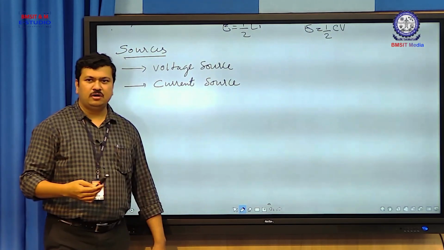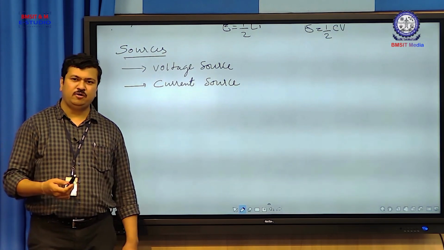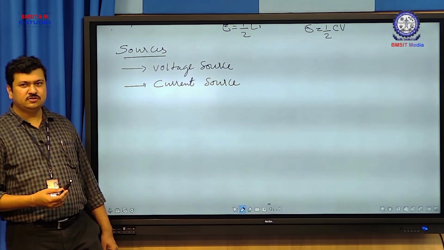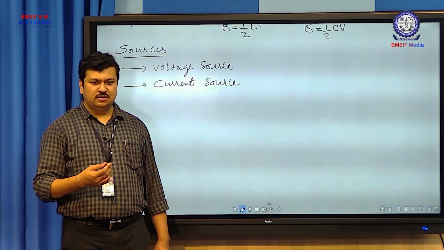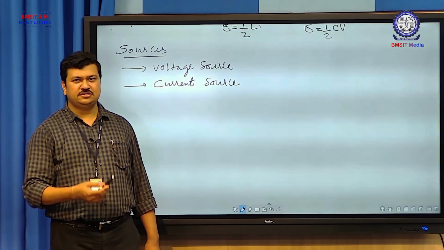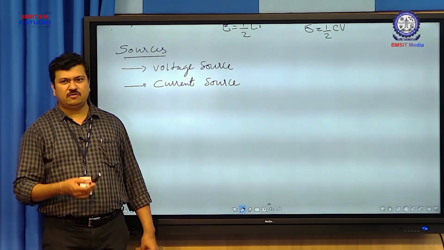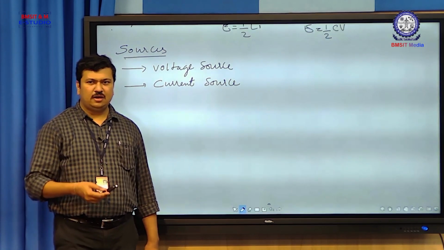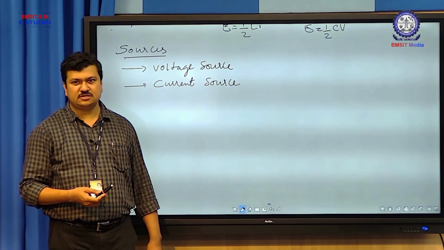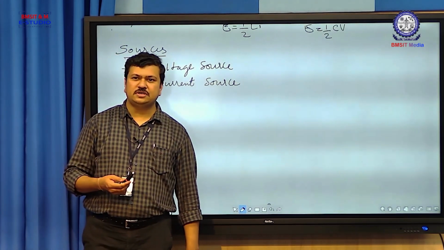Voltage sources we all have come across, various voltage sources like batteries. We all use our cell phones, we use cell phone batteries. So, a battery is a voltage source. A larger voltage source we can consider is an electric generator, which is giving out a large amount of power to the entire power network. There can be other voltage sources like oscillators for generating various types of signals.